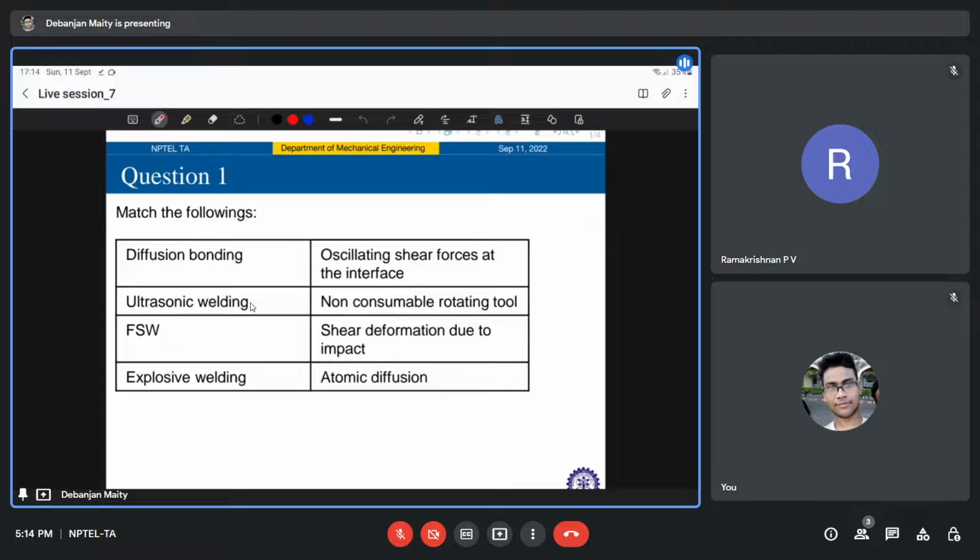For diffusion bonding, it's basically atomic diffusion that happens. Diffusion bonding is a solid state welding that produces coalescence of faying surfaces by application of some pressure at elevated temperature. The process does not involve any macroscopic deformation, but metallurgically there is something called vacancy defect.